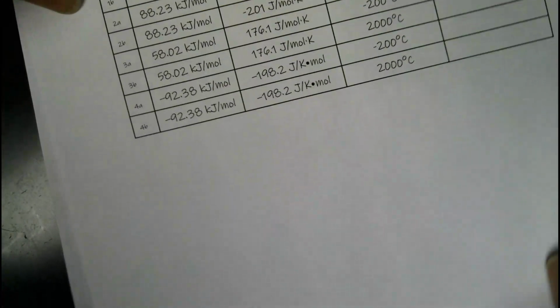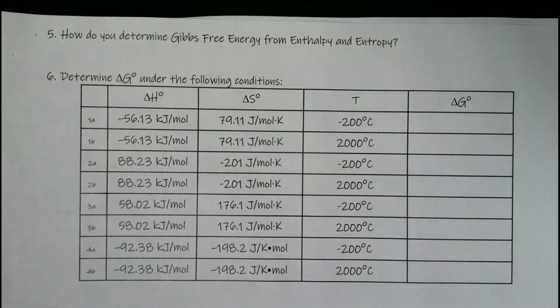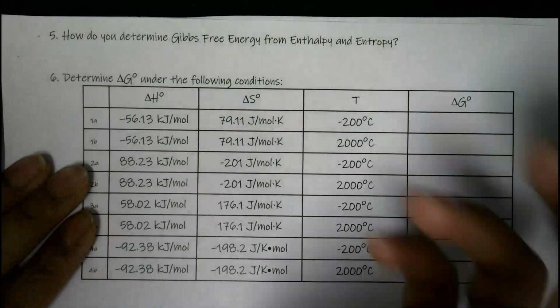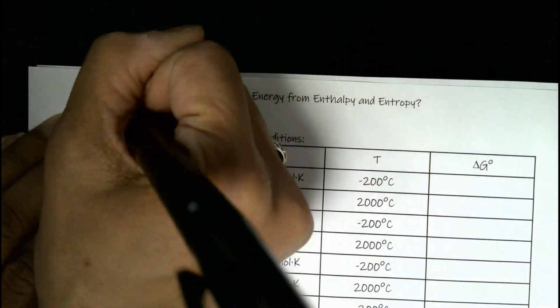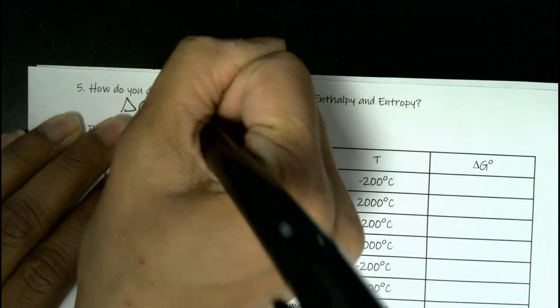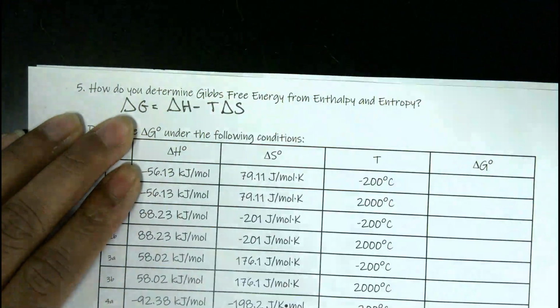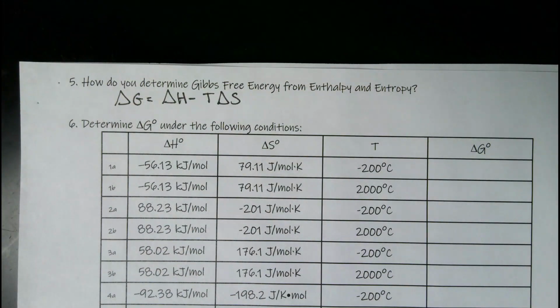Then next page. This is when we try to figure out what happens with enthalpy and entropy. So this equation is, I'm assuming in your reference table, I should probably double check that, delta G is equal to delta H minus T times delta S. So let me grab a different colored writing utensil.